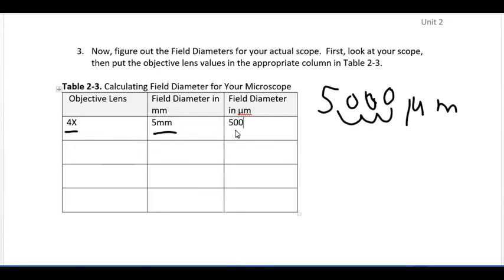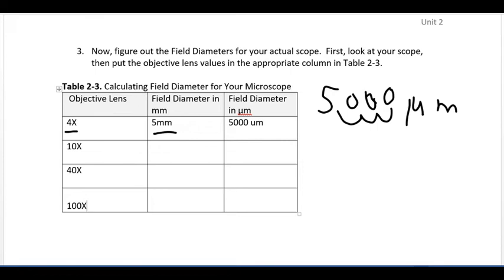I would get 5,000 micrometers. Okay, so then I want to fill in the remaining objectives, and if I forgot, I can go back up to that table that we did a little bit earlier where we filled all that in. So it was 10x, and then 40x, and then finally 100x. Notice I'm not using total magnification here, I'm using the objective lens magnification.